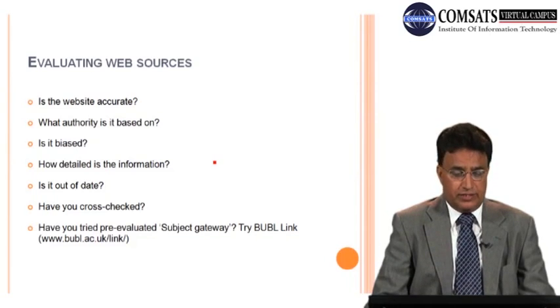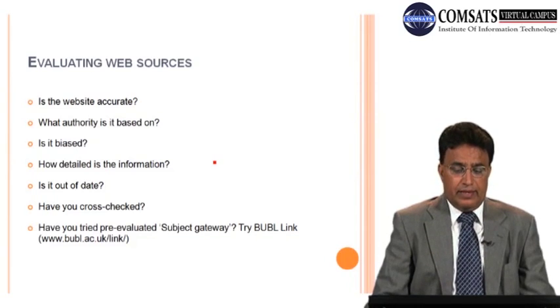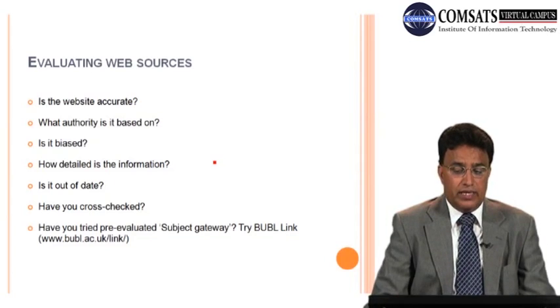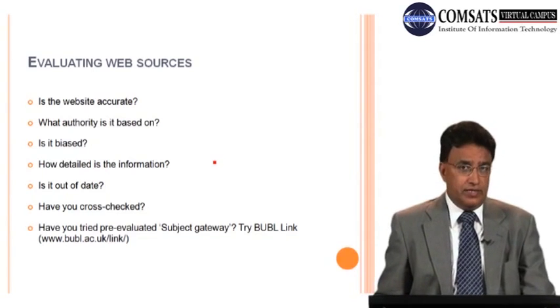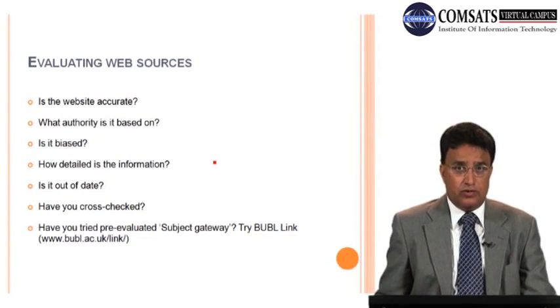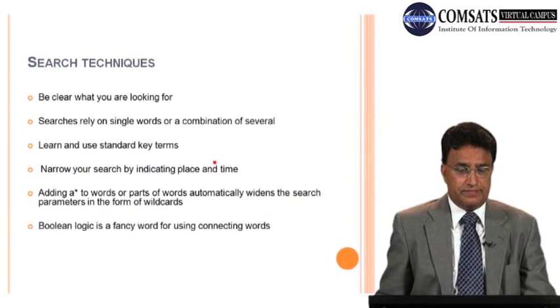And number 8, there are certain other ways to pre-evaluate by looking at the subject gateway, and for that purpose you need to try BUBL Link, bubl.ac.uk, to see whether a website is genuine, authenticated, reliable, and beneficial or not.